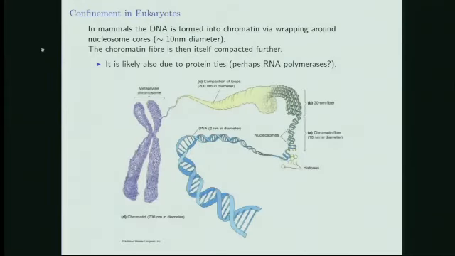Okay, so in eukaryotes, again, we've heard about this earlier in the week. The DNA is formed into chromatin by winding around histone proteins to form nucleosomes. You get a 10 nanometer fiber, basically a string of nucleosomes, and as we've already heard, that forms into a 30 nanometer fiber, and then these chromatin fibers are themselves compacted further, possibly also due to protein ties.